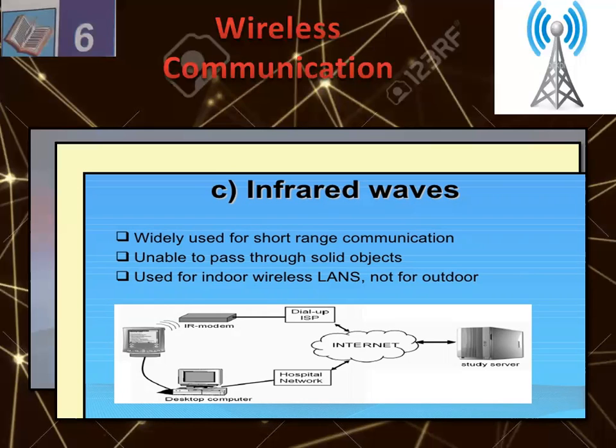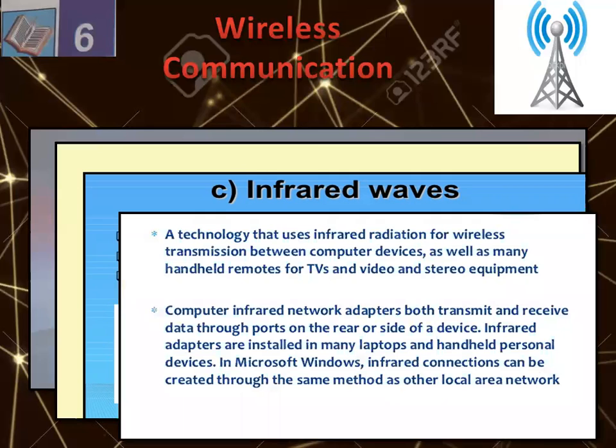Some common applications of infrared technology are car locks, modern computers, home security systems, and remote controls. It is a technology that uses infrared radiation for wireless transmission between computer devices, as well as many handheld remotes for TVs, videos and stereo equipment.